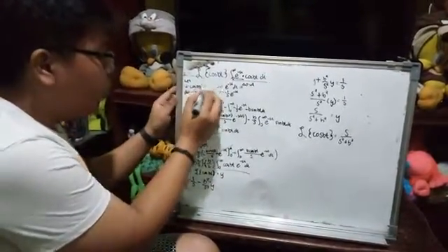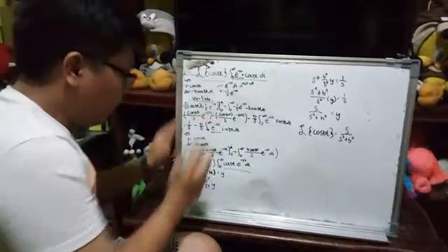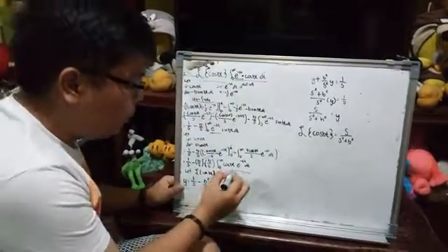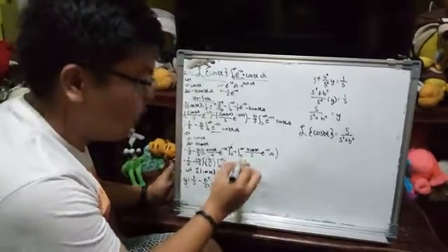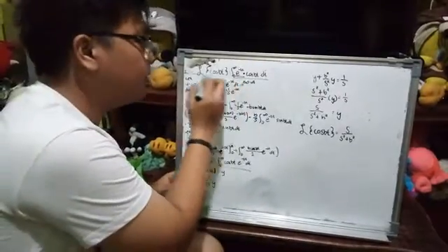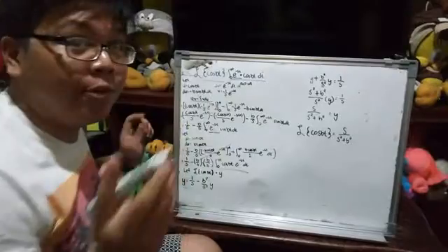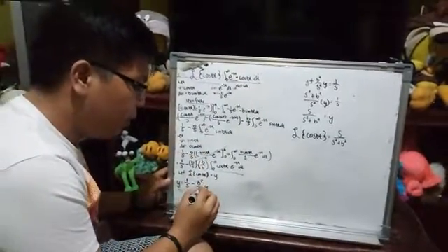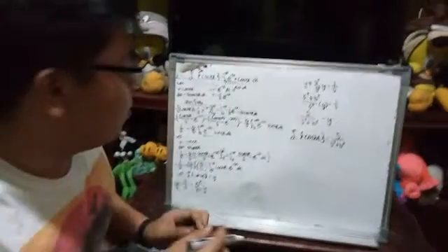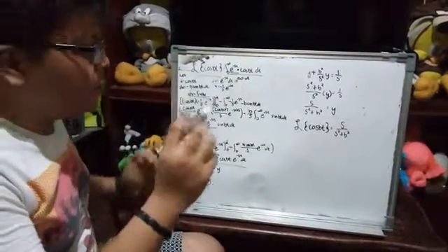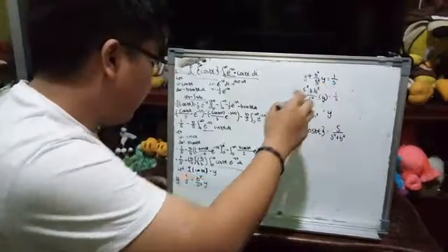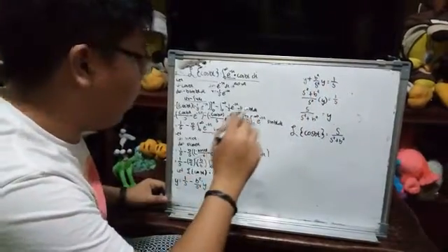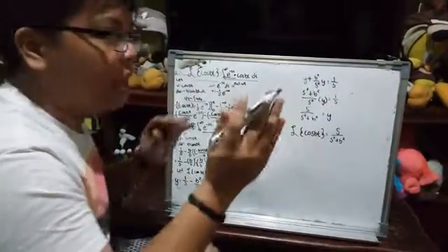Here I just transposed y, and the integral of cos bt times e raised to negative st dt is just equal to the Laplace of cos bt, which is equal to y. So b squared over s squared times y. Now I will transpose negative b squared over s squared y to the left side.